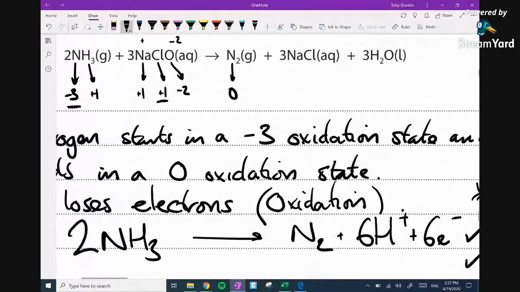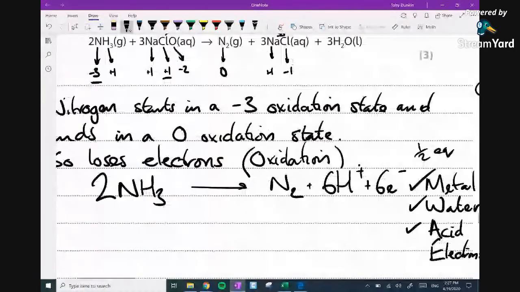Now we go to sodium, which is still +1, it's always +1. Chlorine has gone to a -1. We've just identified our second one. So we're going from sodium chlorate to sodium chloride.